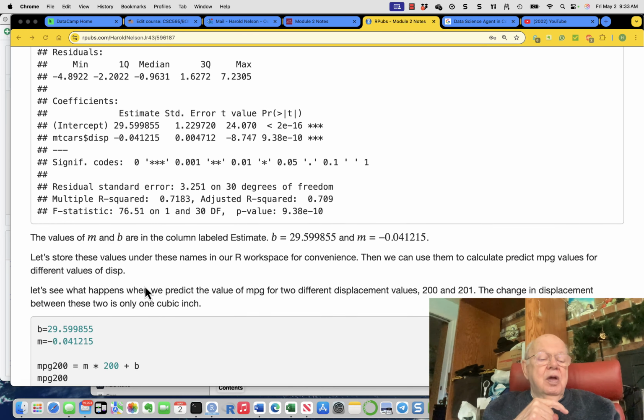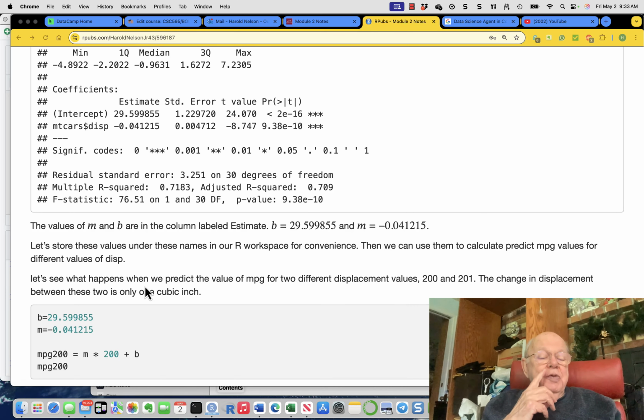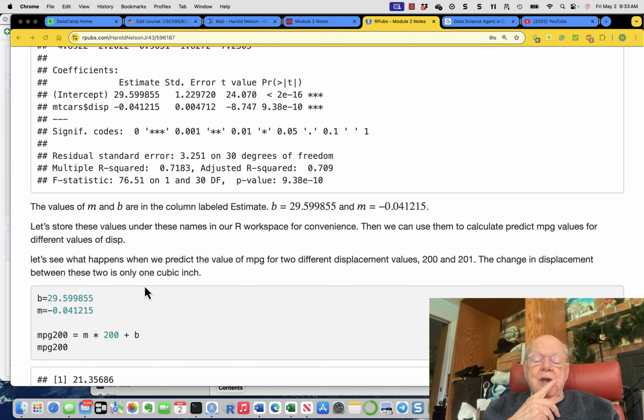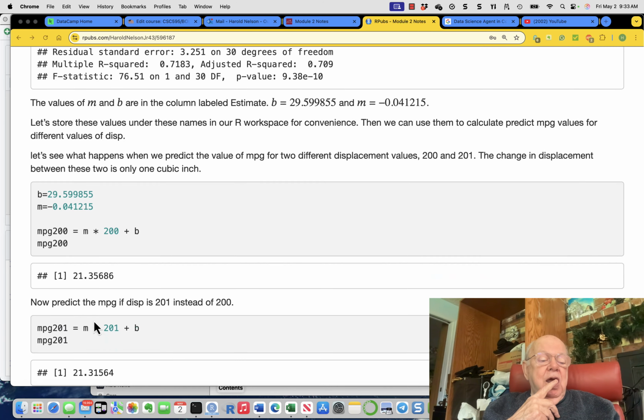Okay, so I'm going to show you what happens. We can use that equation that we've developed now, mpg is m times displacement plus b, and we can create a miles per gallon for a vehicle with a 200 cubic inch engine. The equation says that that should be 21.35.